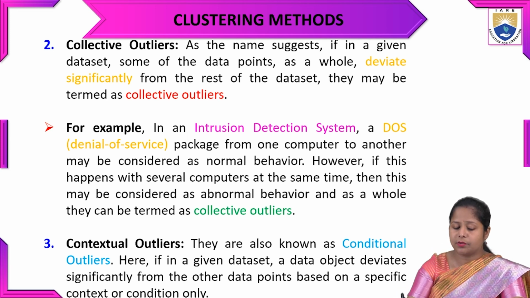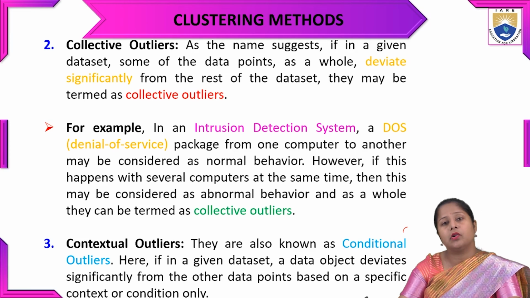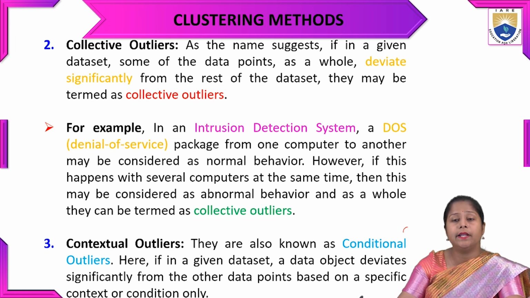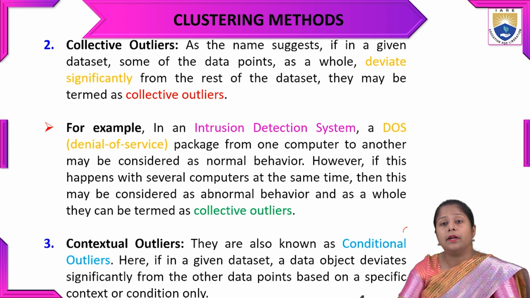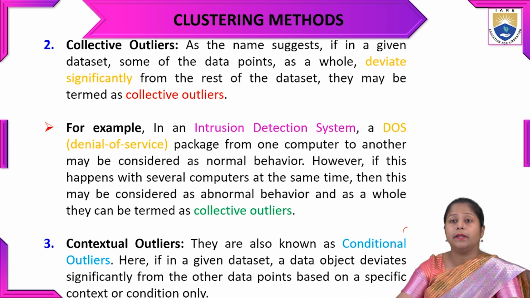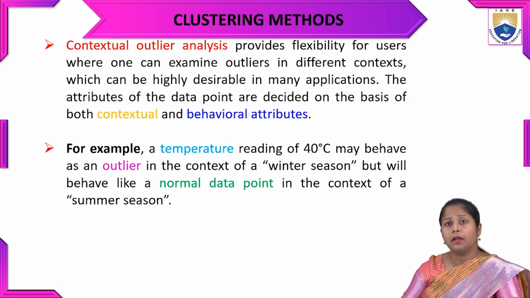Next is the contextual outlier, also called a conditional outlier. Here, in a given data set, a data object deviates significantly from the other data points based on some context or condition.